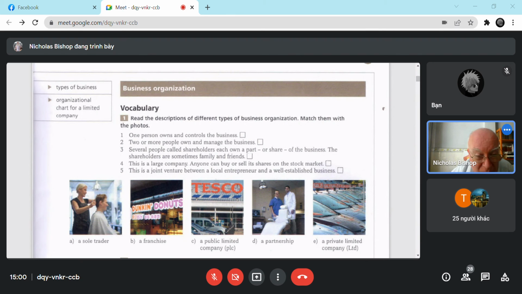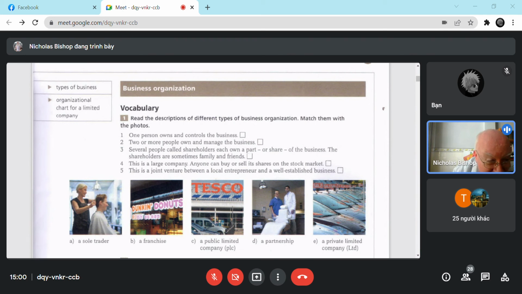I'm not sure. They have other big public companies. So when it's a public company, it's not just friends and family who own the shares. It's traded on the stock exchange, and they have to have at least 2 directors, and there are stricter rules for the public company. Good. And that's number 4, yeah?